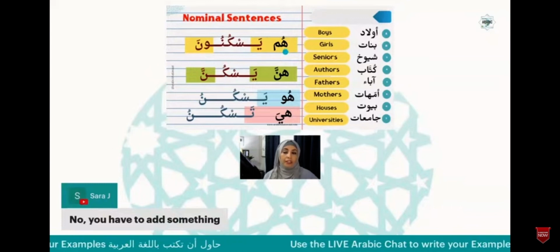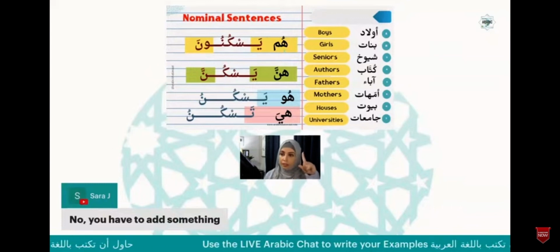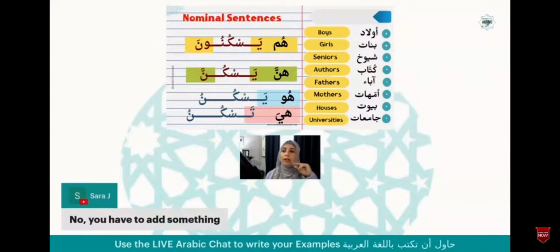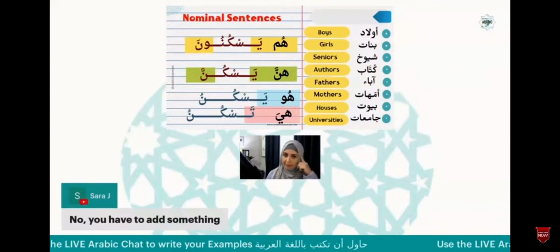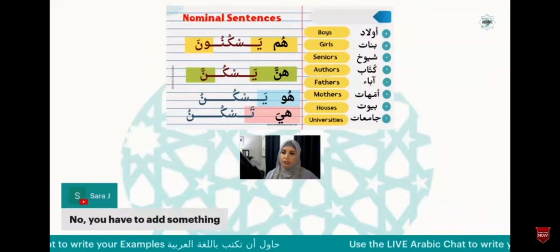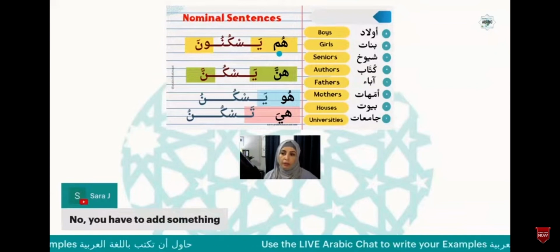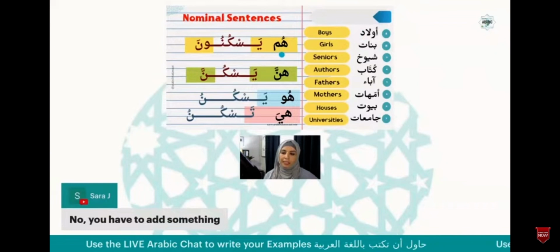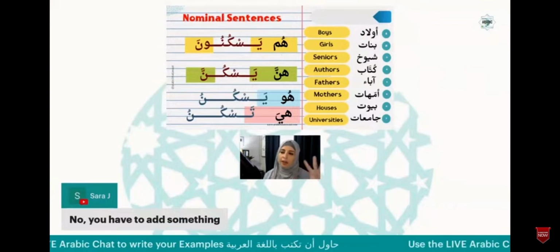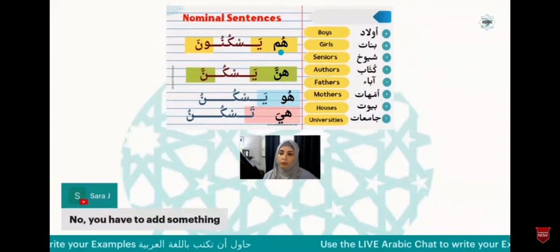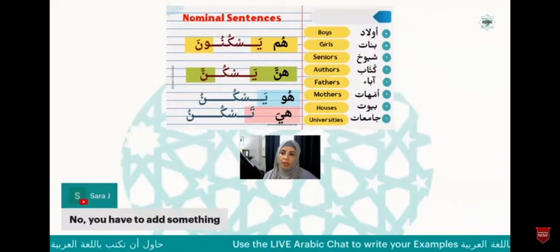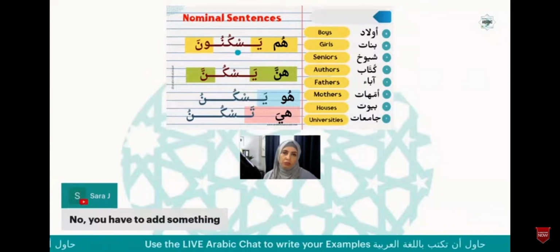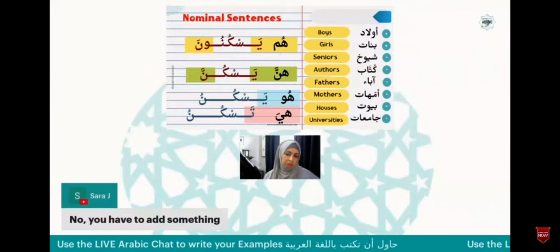But I could only put الأولاد or هم. I cannot say هم الأولاد يسكنون. Remember, I can only choose the subject pronouns that would refer to the boys, hum. It tells me that it is they, plural, masculine. هم أولاد يسكنون. They are boys who live.